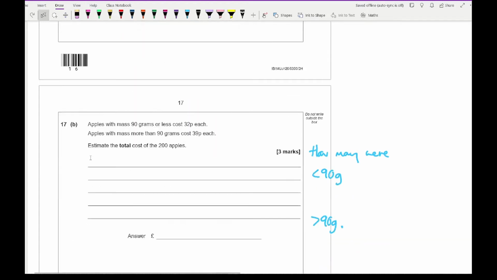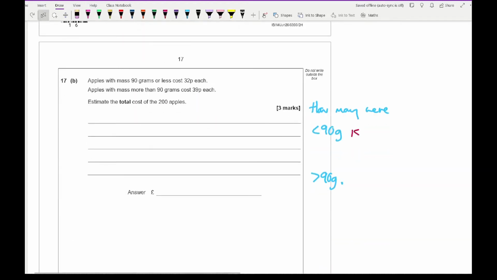So that means that there are 156 apples that are less than 90 grams. Then to work out the cost, it's going to be 156 times 0.32. Now in terms of greater than 90, the apples are either more than 90 or less than 90, so the number is going to be 200 minus 156, which is 44.